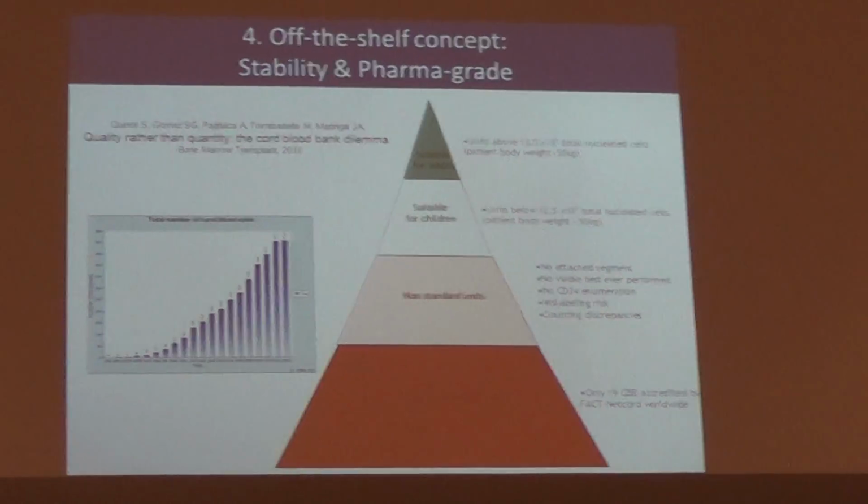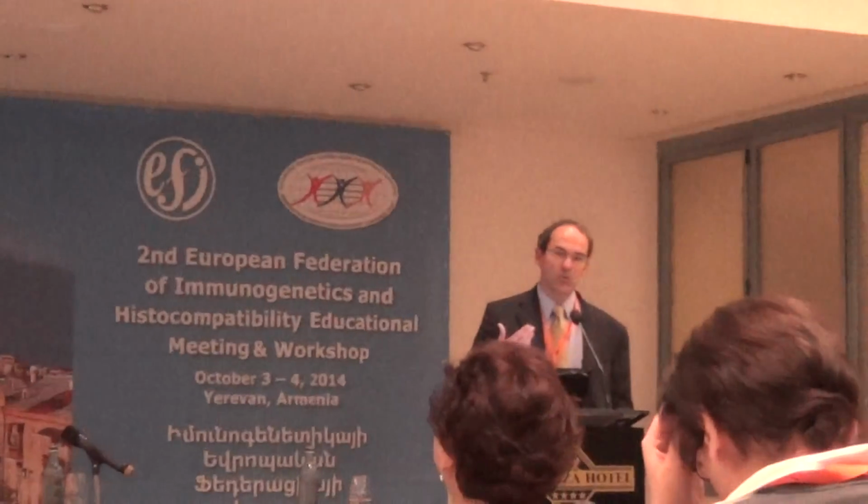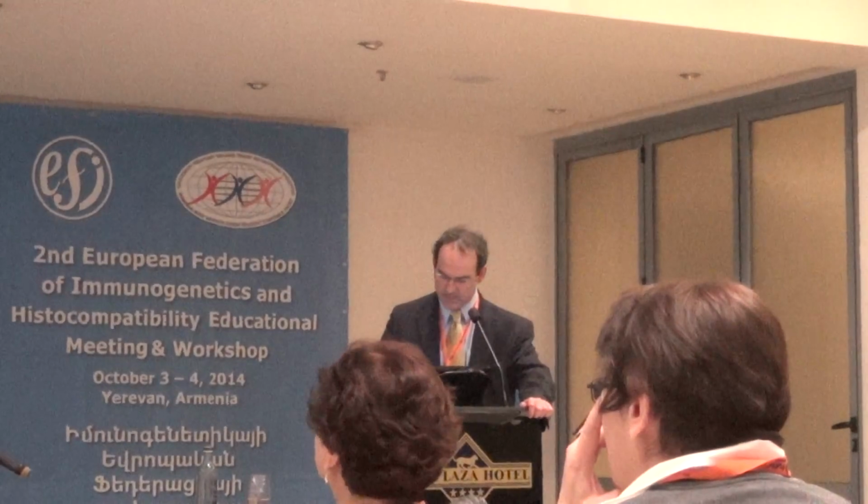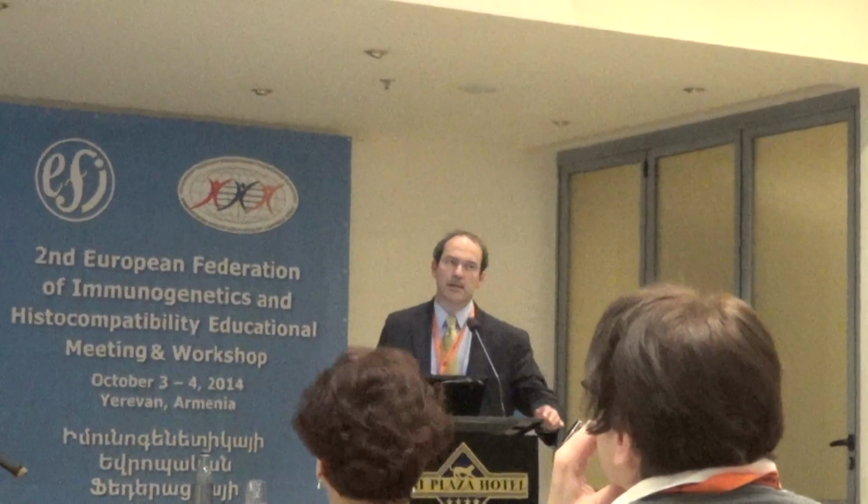And we can, during this process, induce some changes in quality and viability of the cells that compromise later the engraftment. So, I think for that reason, it's very important to define the cord inventory based on quality.